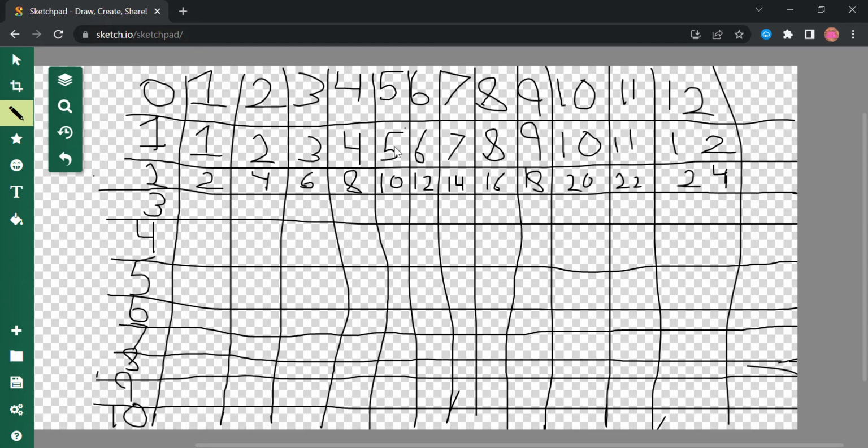Now, that's for 2s. 3s, you can easily just skip count.